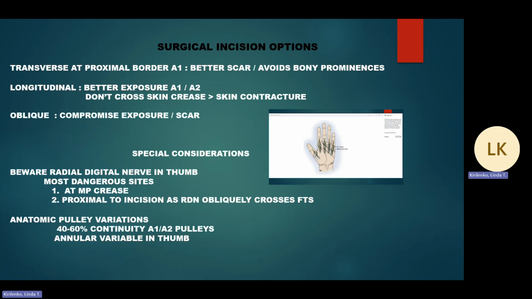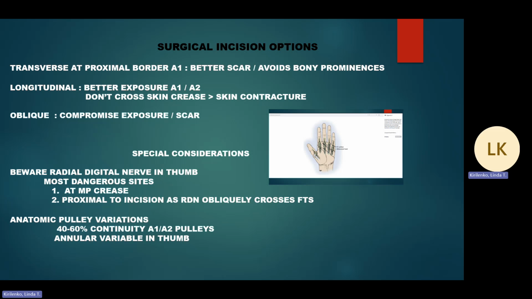Surgical incision options include transverse, longitudinal, or oblique. The transverse is felt to produce a better scar and may provide less scar sensitivity as it avoids all bony prominences. Longitudinal incisions produce better exposure and delineation of the junction of the A1 and A2 pulleys.